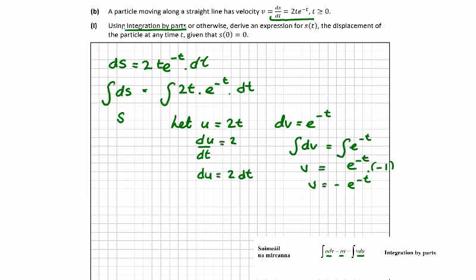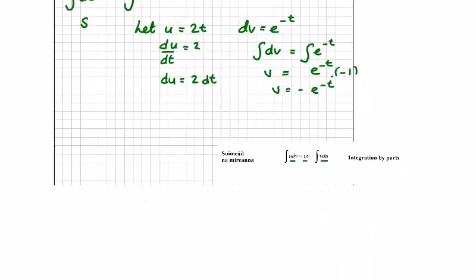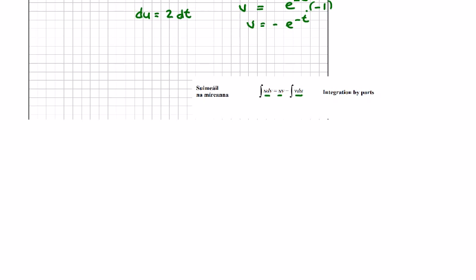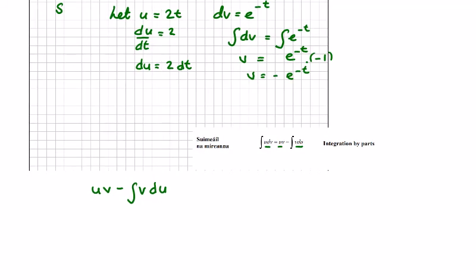So if we sub this into the formula, we have uv minus the integral of v du. So u was equal to 2t, so we have 2t times v, which we've gotten here, minus e to the minus t, and then we have minus the integral of v, which is minus e to the minus t, times du, which is 2 dt.